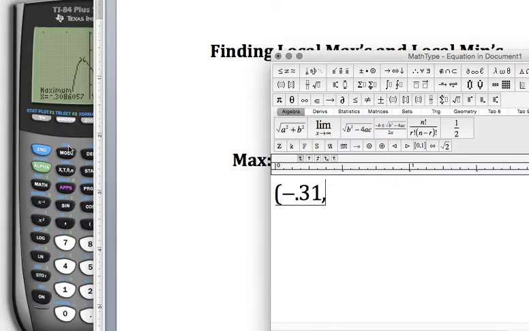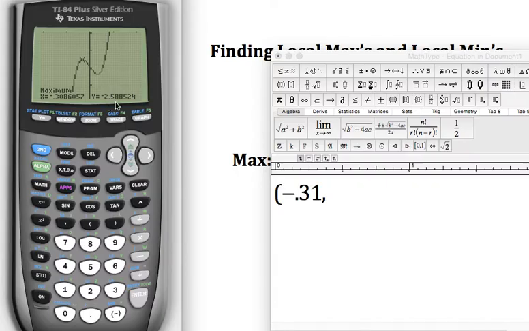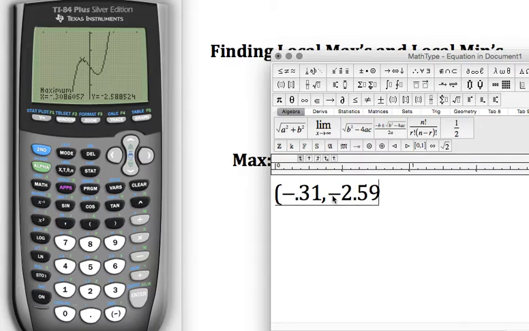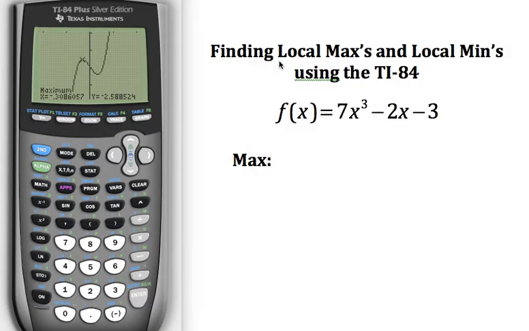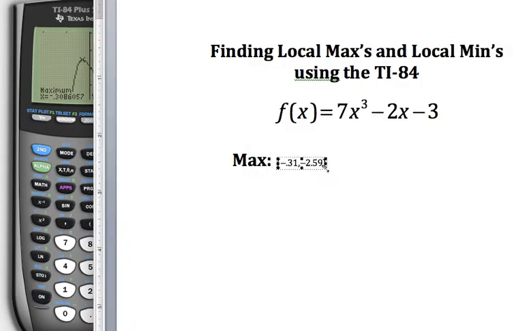Coming back over because I don't remember the value, the y value is negative 2.59. Close that set of parentheses right there. Listing that as an ordered pair, let's enlarge that so we can see it a little bit bigger. There is my local maximum point, going out 2 decimal places on both.